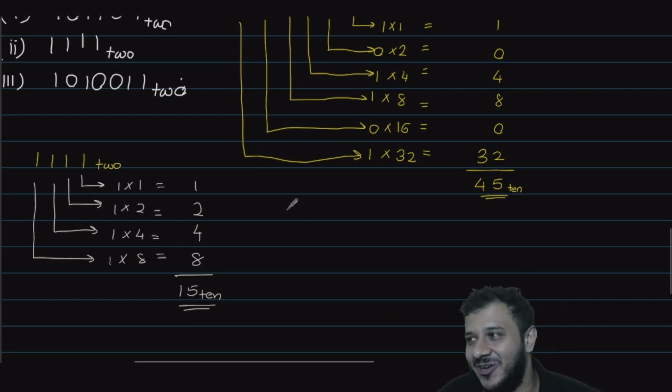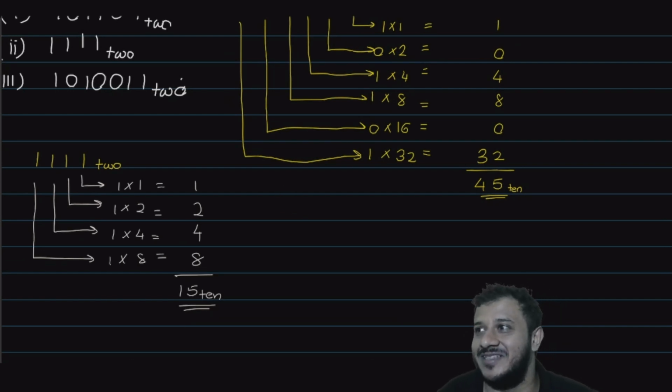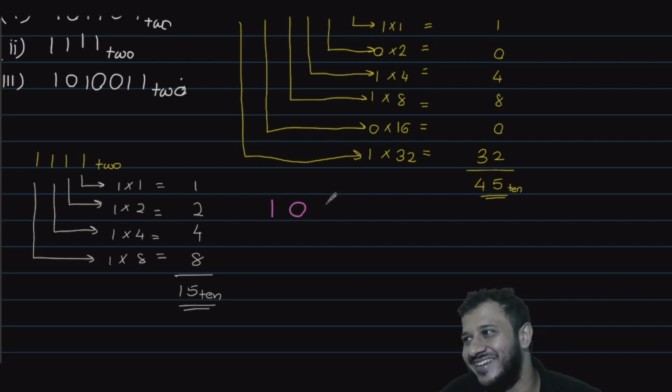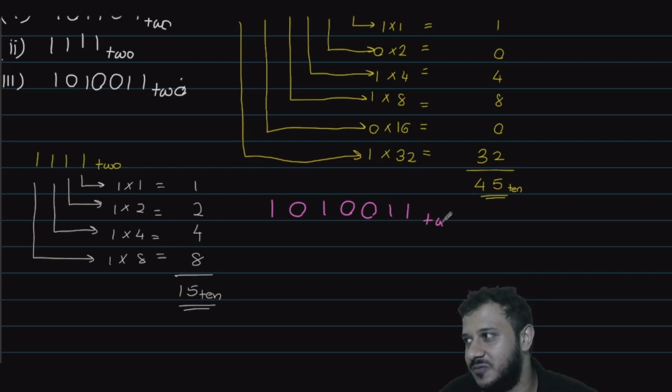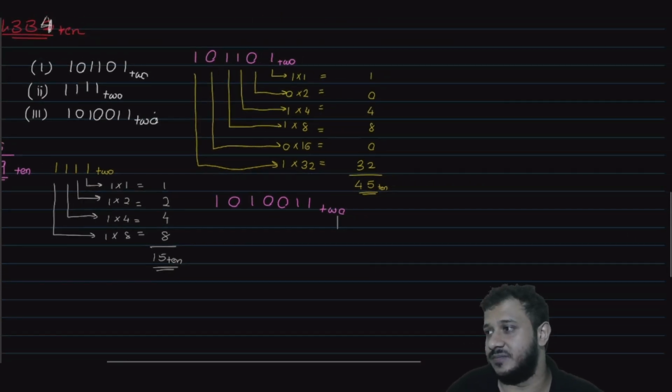Keep that in your mind always. Many times, even I forget it sometimes. That's normal, but it should not be normal in the exam. So always remember 2 to the power of 0 is the first place value, which is a 1.